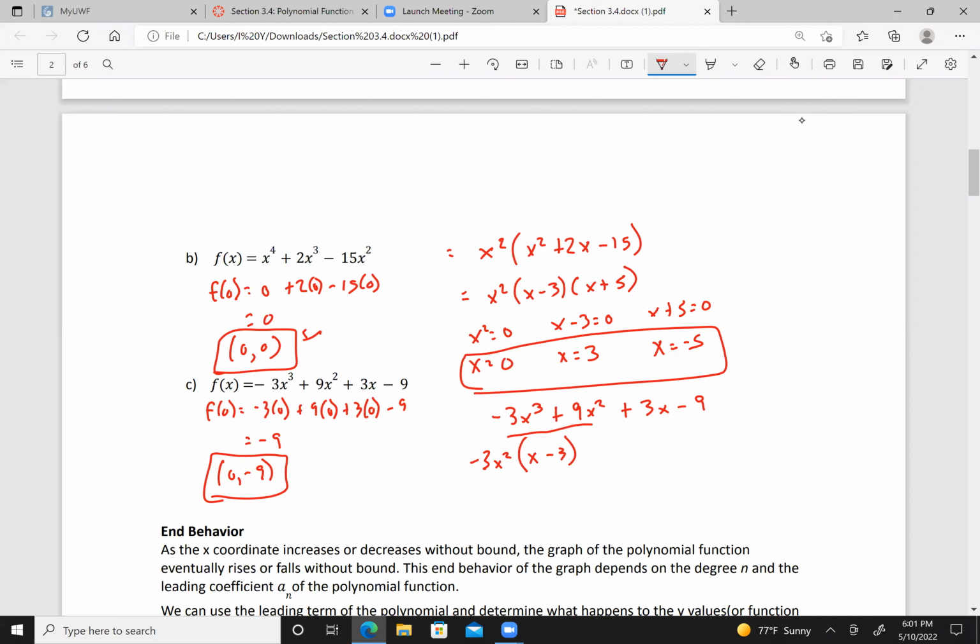Here, if I take 3 out of these two terms, I get plus 3 times x minus 3. So that means I have negative 3x squared plus 3 times x minus 3.